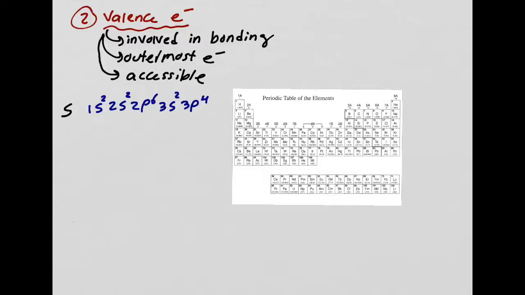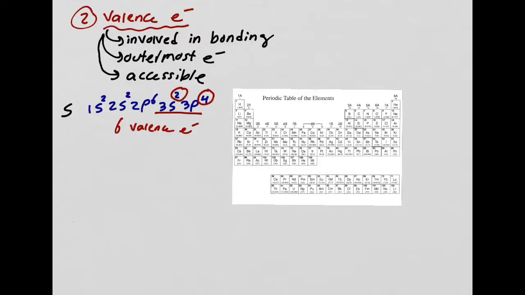You have to look at the last shell. The last shell is on the third energy level. On the last shell, how many valence electrons do you have? You have a 2 and a 4, so 2 plus 4 is 6. Sulfur has 6 valence electrons, which means it has 6 electrons involved in bonding.